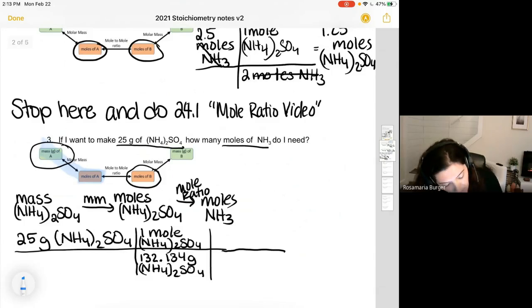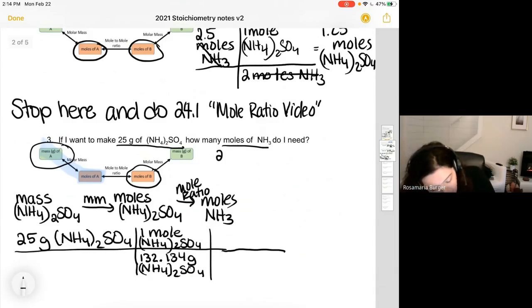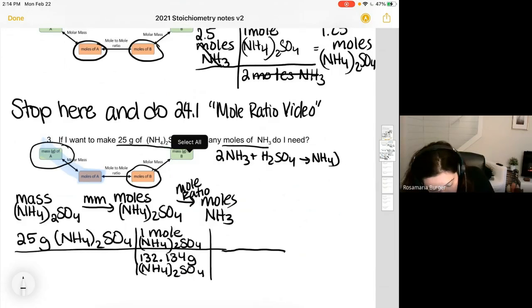Okay, so we've got another step, and that's going to take our mole ratio. We have to look back at our equation. I'm just going to write it here for us: we have 2 NH3s plus H2SO4 gets us NH4 2SO4. So my mole ratio is going to be, since we're going to moles of NH3, 1 of these to 2 of these.